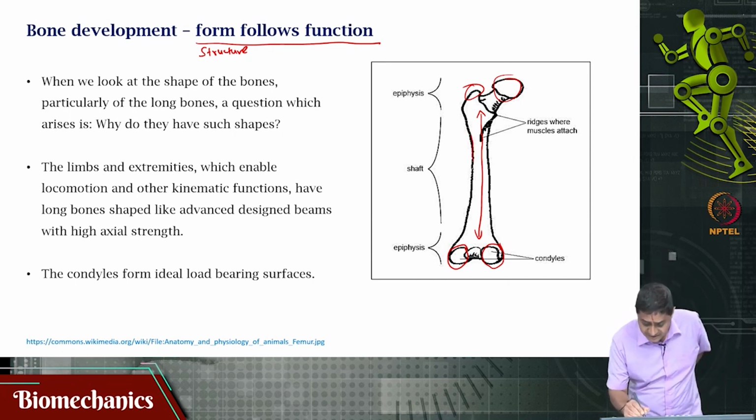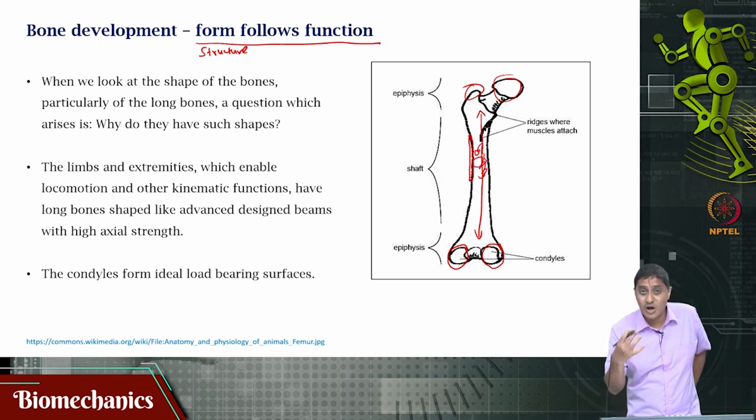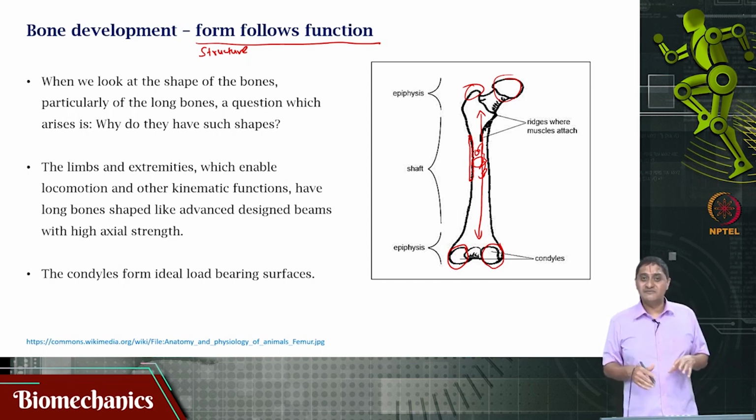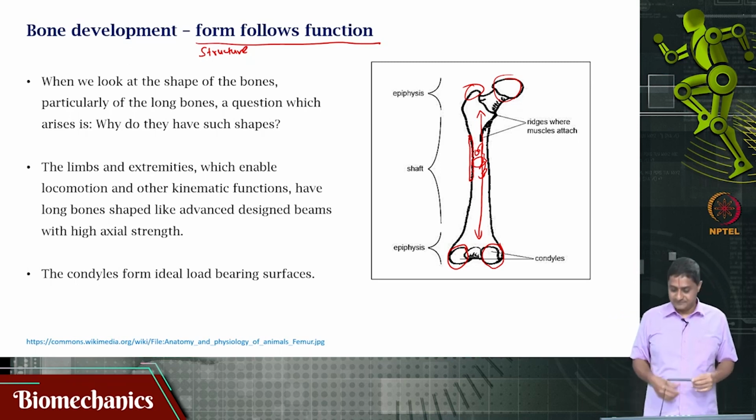For example, if you take this femur, there is going to be some thickness here which is the cortical or the compact bone, and then in the middle you are going to have cancellous or trabecular bone. If it is solid, it is going to be heavier, but it is going to come with a lot of other costs involved, dynamics involved, something that we will see in a future class.